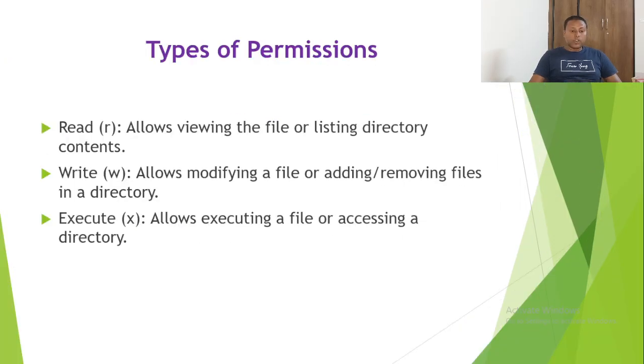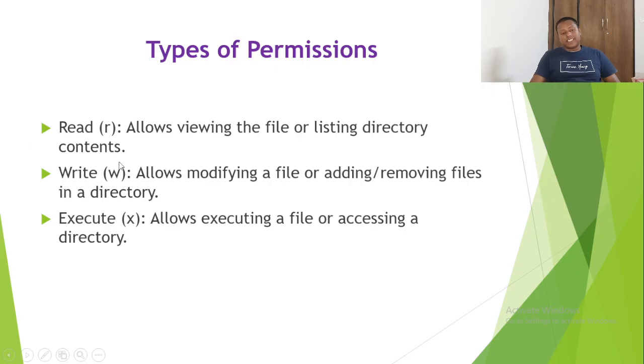So here it is telling about permissions. I already showed rwx. What are those things? R means read. R means read, which allows viewing the file or listing the directory contents. So what will it allow? It will allow only read, meaning it can read whatever contents are available, but it cannot write or edit.